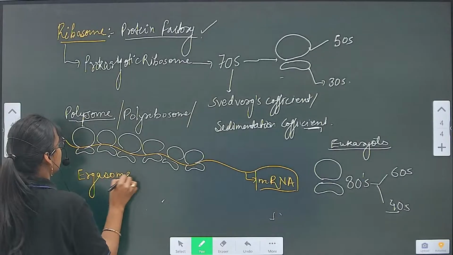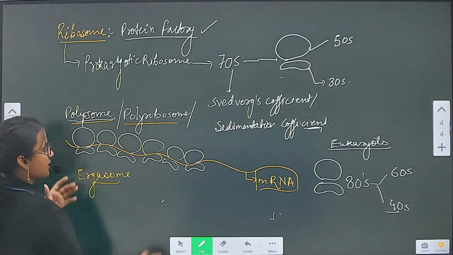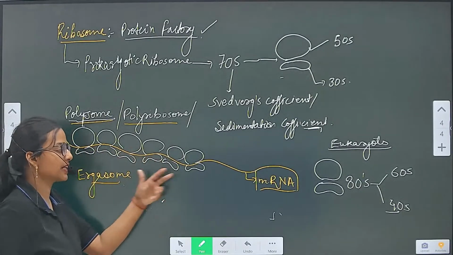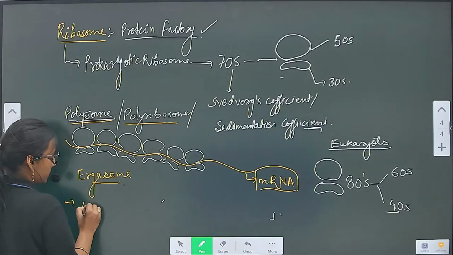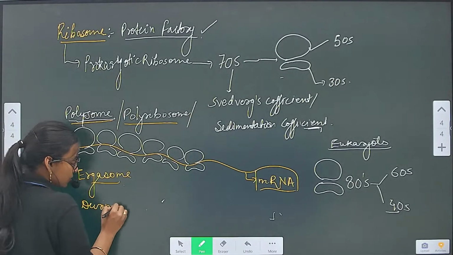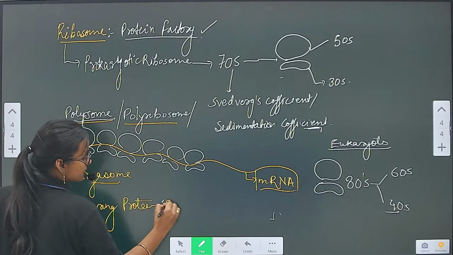Ergasome, polyribosome, polysome, all are names given to the multiple ribosomes attached with the mRNA, formed during the process of protein synthesis.